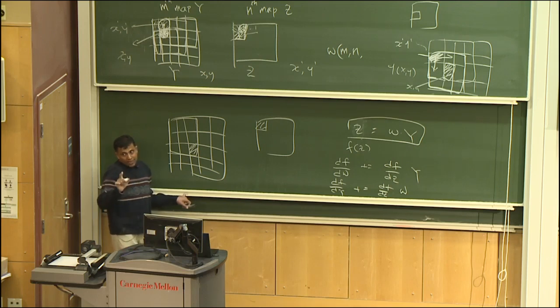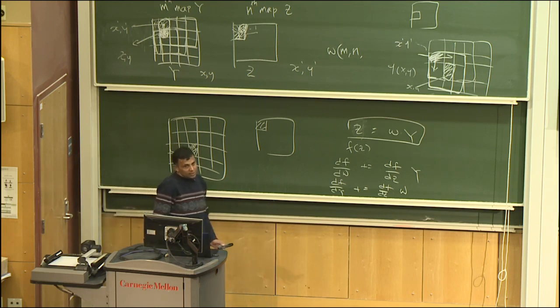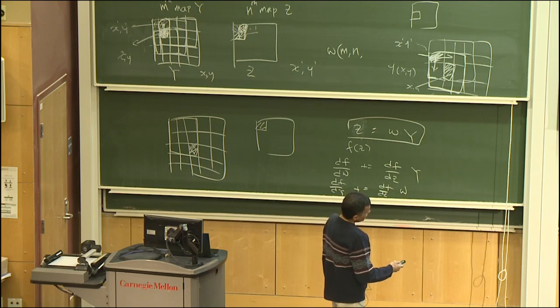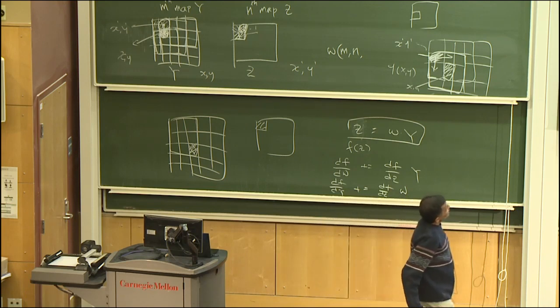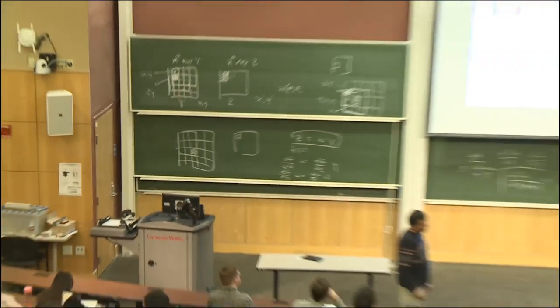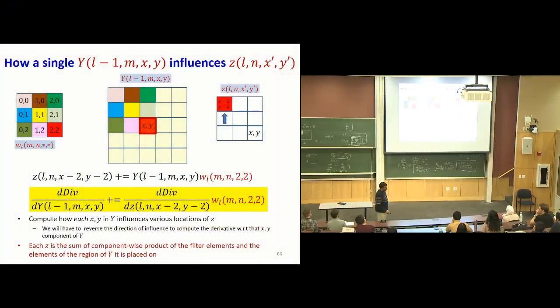Which filter index? This filter index is what influences the corresponding z, correct? So if you look at that, the bottom right filter index influences this y, right? When I'm trying to compute this xy, okay?